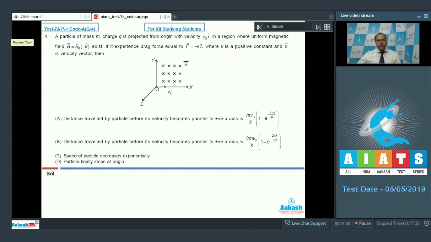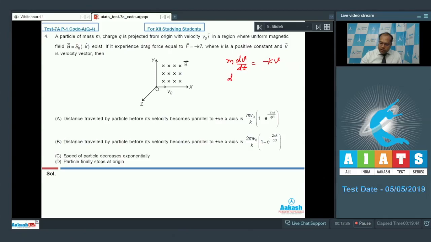So we know that in the region of magnetic field, the work done by magnetic force is 0. So whatever is the retardation, that is caused only by the drag force. So we can write the equation m into dv by dt is equal to minus k into v.